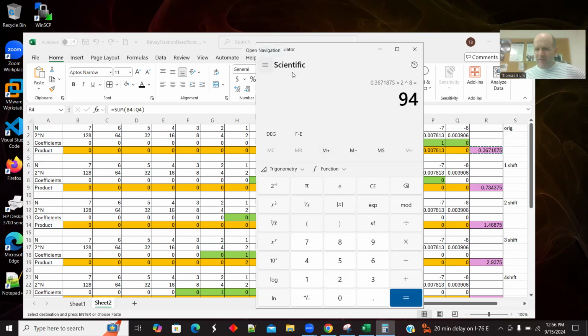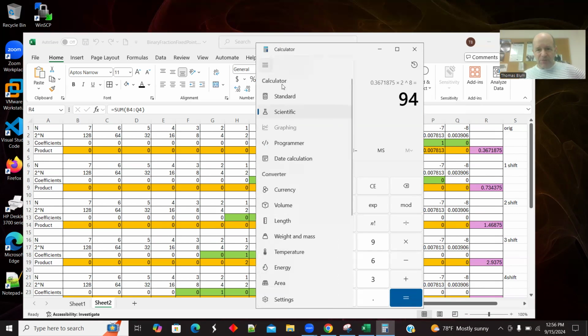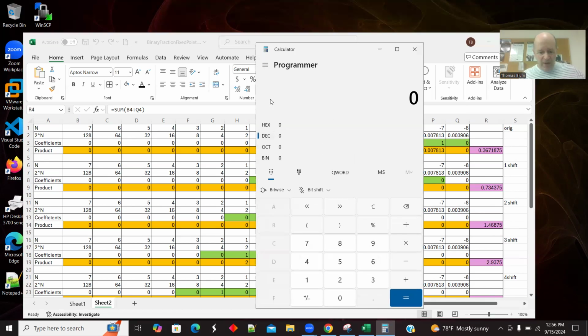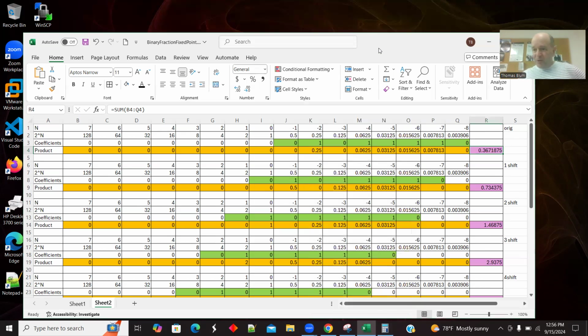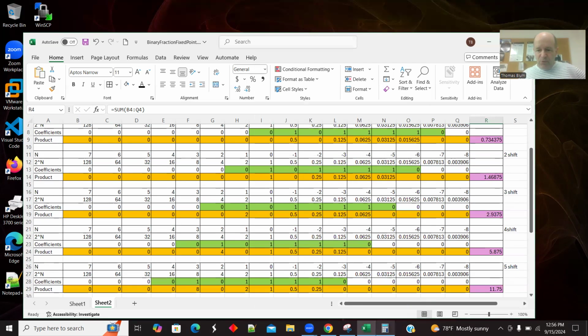So I'm going to copy that 94, then switch over to programmer view and paste that, Control V. And there is my pattern, 0, 1, 0, 1, 1, 1, 1, 0. Okay, so that's just turning this process around, and instead of getting the bits one by one, getting all the bits we want in one fell swoop.